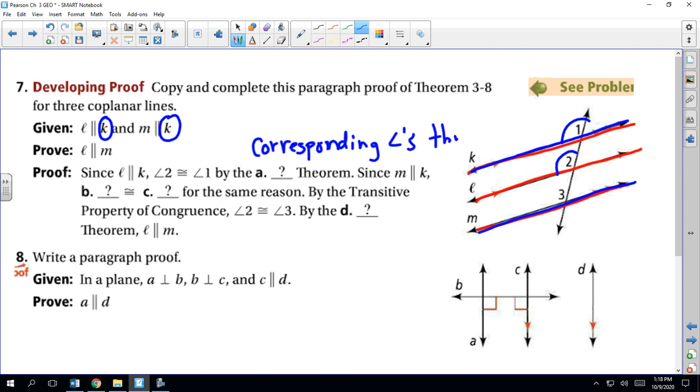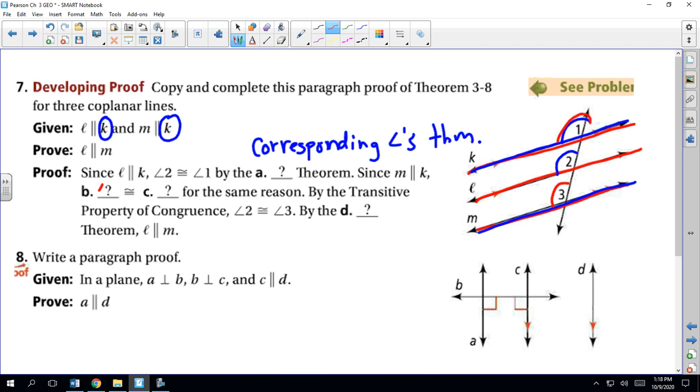Then it says since M is parallel to K, something is congruent to something. So since M is parallel to K, we can say angle 3 is congruent to angle 2 and 1. So 3 is also congruent to angle 1.